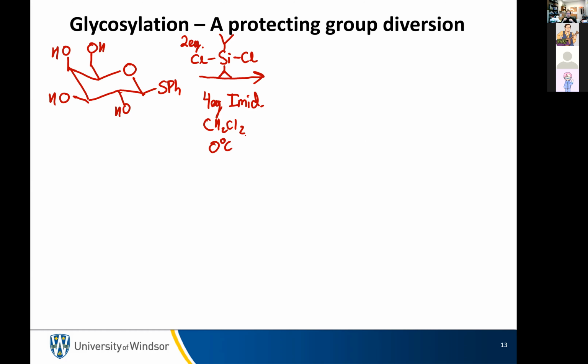Very similar to the previous question. It's going to react at C6 first. Again, really hindered. Lots of isopropyls. Big. Kicks out a chlorine.